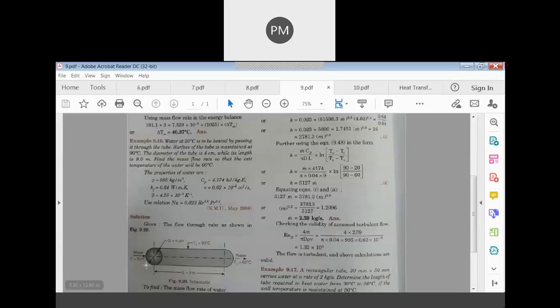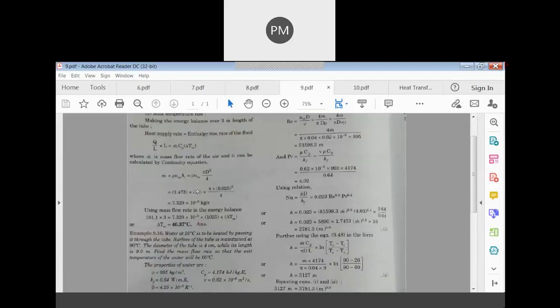So inlet temperature is 20 degrees Celsius and the surface temperature of the tube is 90 degrees Celsius. The diameter of the tube is 4 centimeter and the length of the tube is 9 meter. You have to calculate mass flow rate so that the exit temperature of the fluid will be 60 degrees Celsius. Properties of the water have been given in the problem, so you take those values.